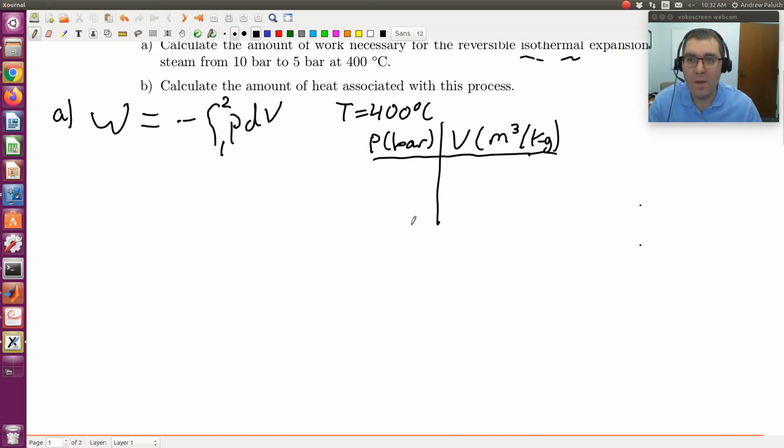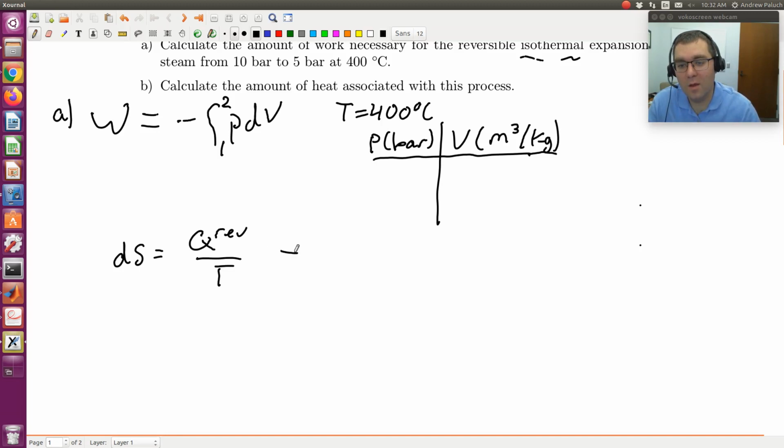But if I think about reversible isothermal expansion in the context of chapter 4, and now I'm thinking about entropy, I know that dS is equal to dQ reversible over T, my heat exchange for a reversible process.